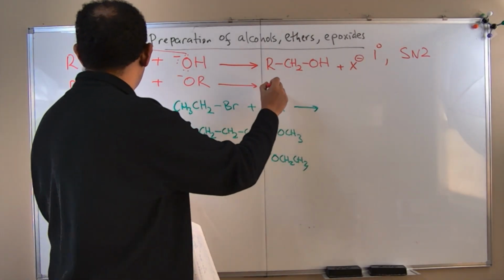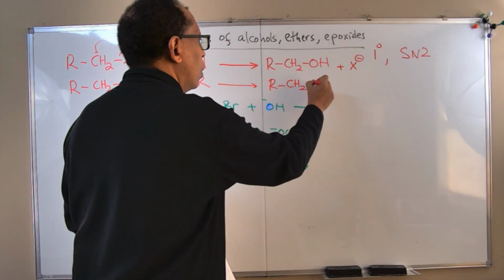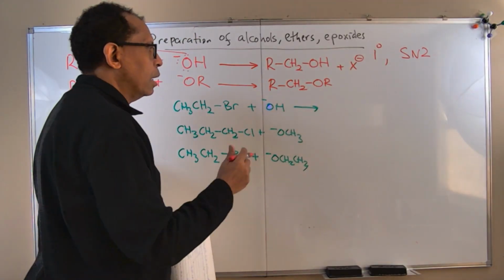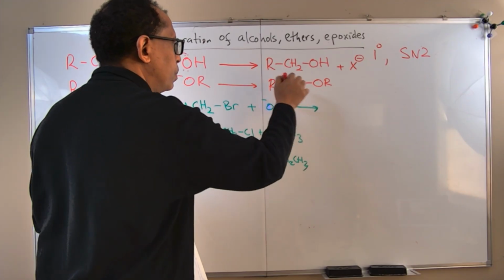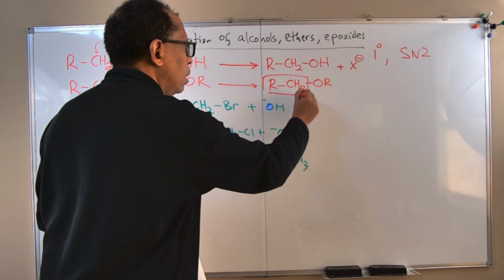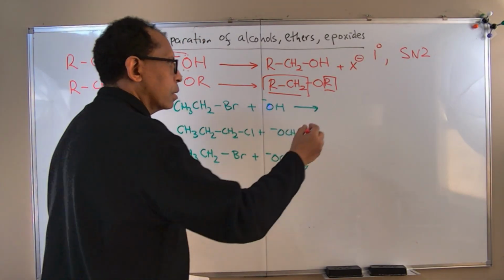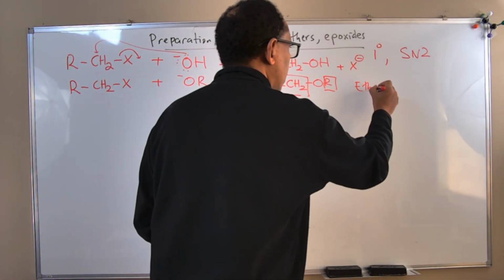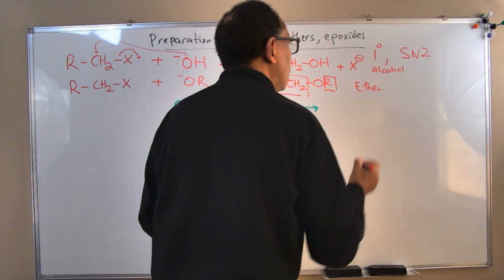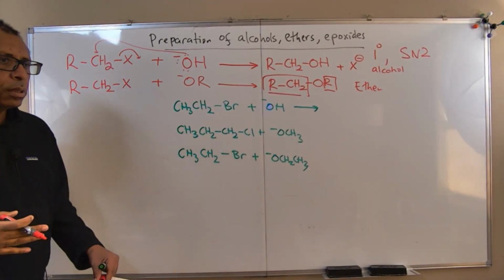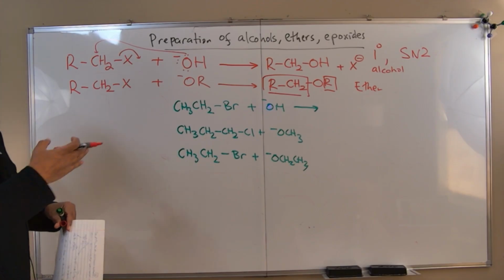You would form R CH2OR. So that's an ether group, because you have an alkyl of this and another alkyl here. So that's an ether. So this is ether synthesis. This is alcohol synthesis. So for alcohol, you use a hydroxide nucleophile, and for an ether, you use an alkoxide.